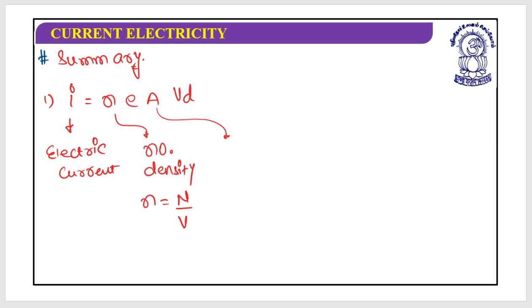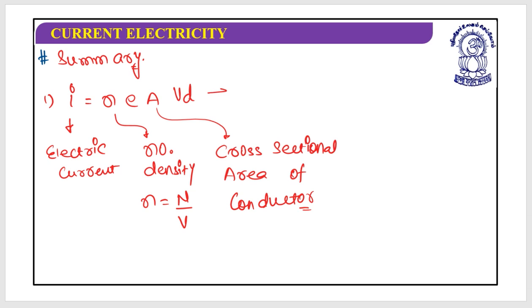This A is the cross sectional area of the conductor, and Vd is the drift velocity. Yes, this is the first.